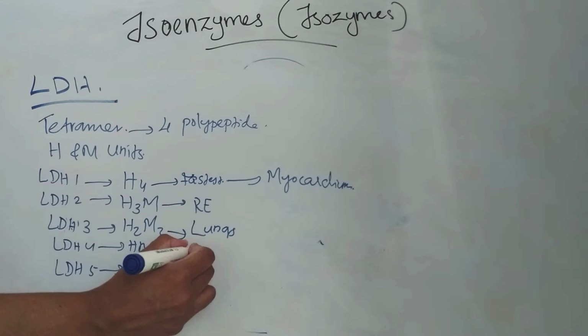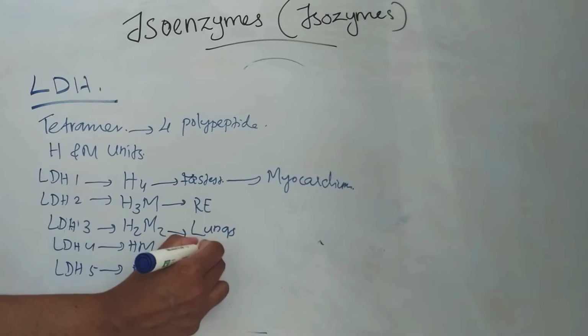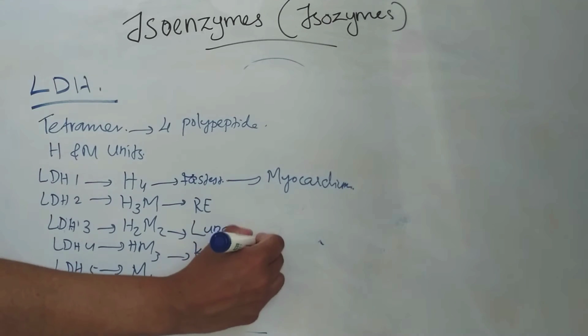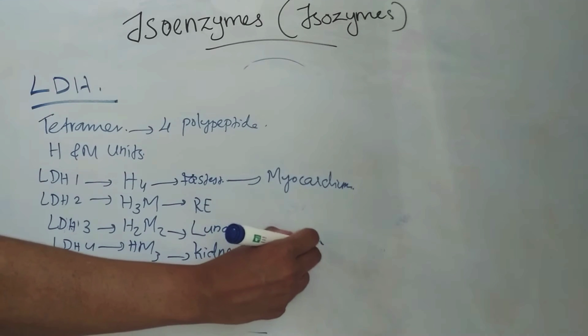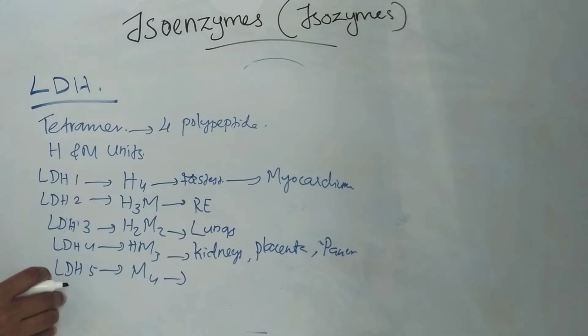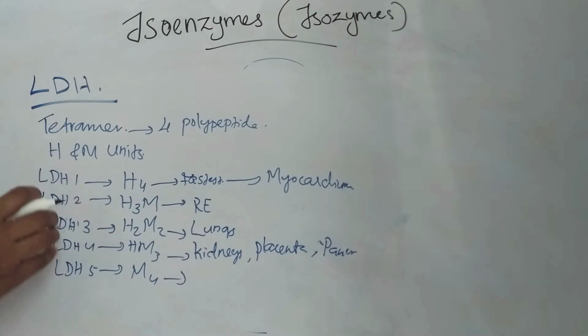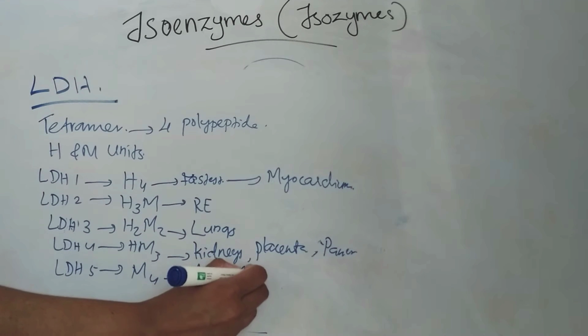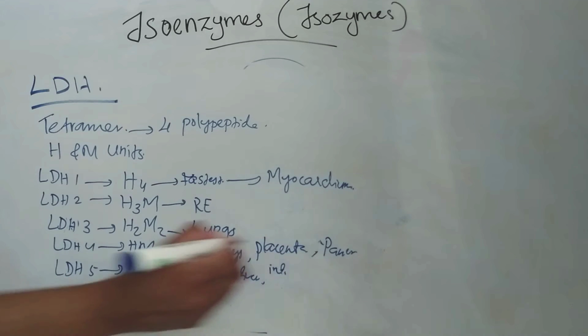LDH4, HM3, is in kidneys, placenta and pancreas. LDH5 is the slowest moving fraction in electrophoresis. It is found mainly in muscle, liver and intestine.